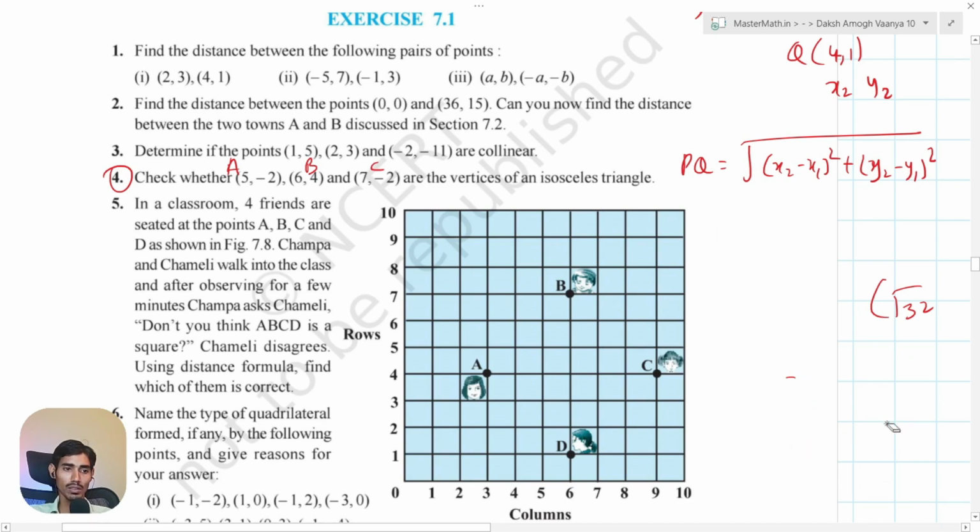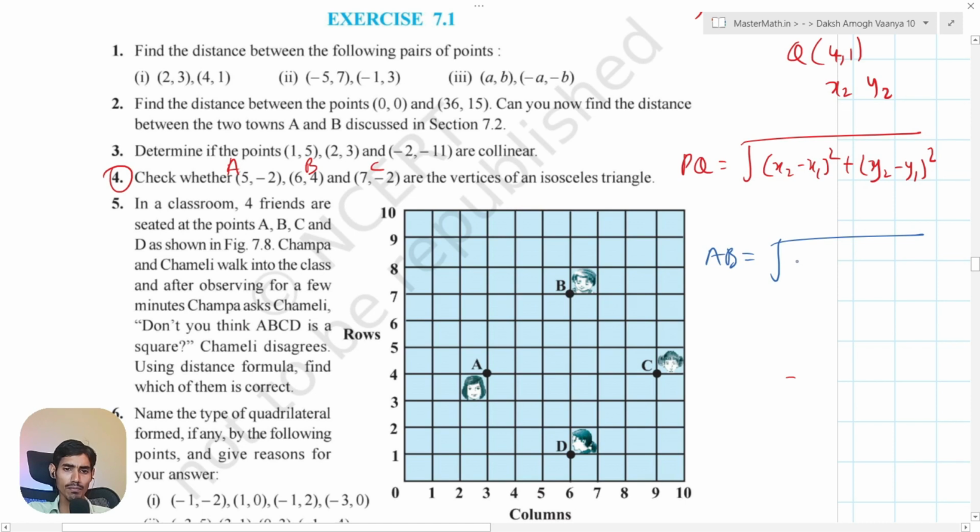A is minus 2 comma 5 and B is 6 comma 4. So tell me the values that you used further. Sir, AB is equal to root of 5 minus 6 the whole square plus minus 2 minus 4 the whole square. Why 5 minus 6?